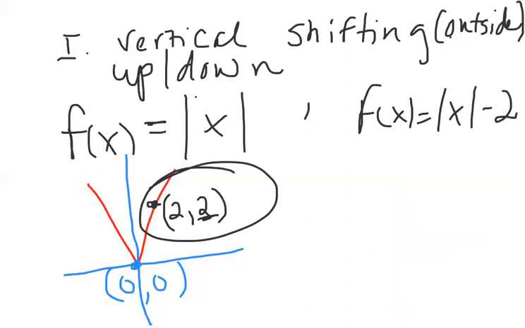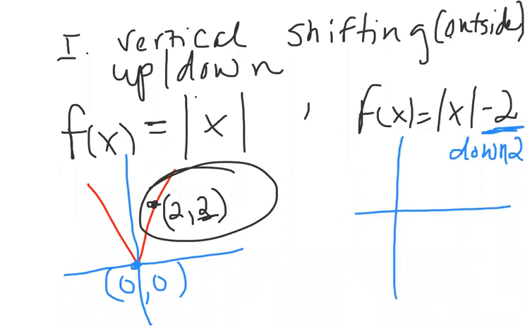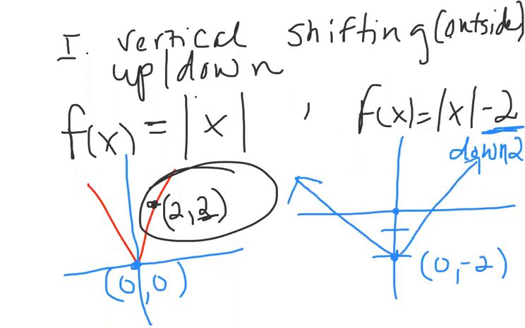Now, this minus 2 will shift the function down 2 units. So guys, if I sketch the graph of this one, rather than the vertex being at 0, 0, it's going to shift down 1, 2 units. This is where the new vertex will be, at 0, -2. So every single point on the graph of this absolute value will be shifted down 2 units.